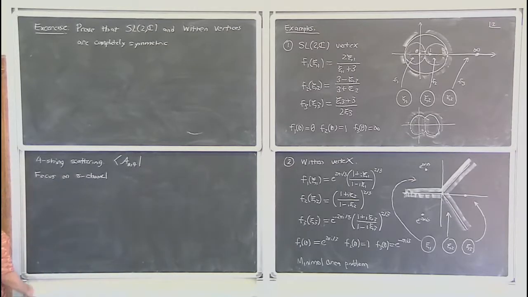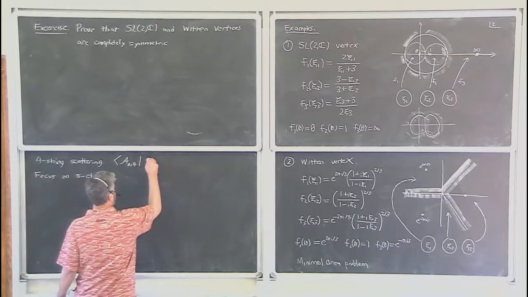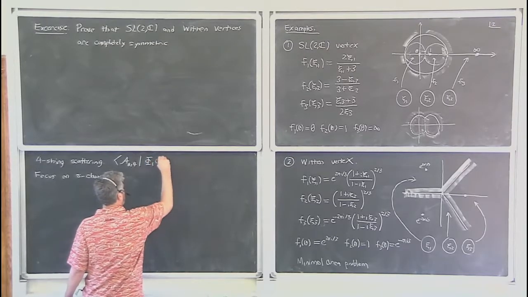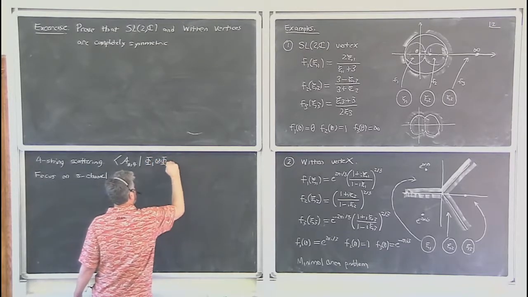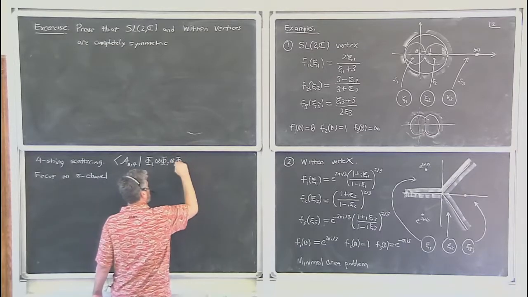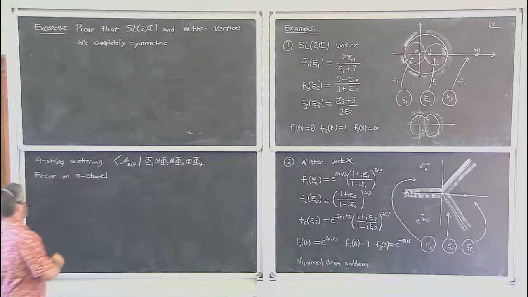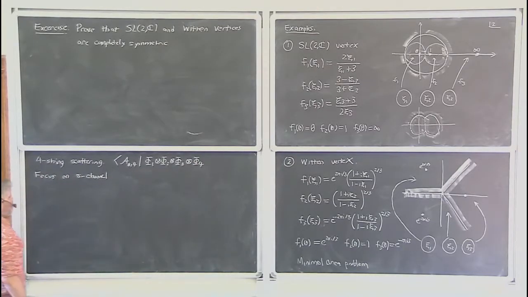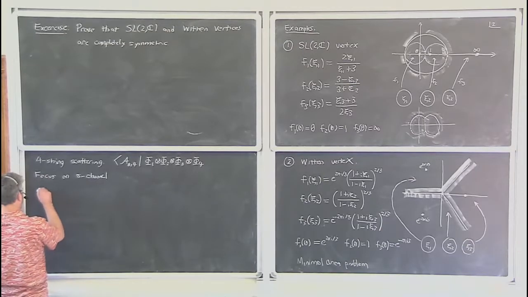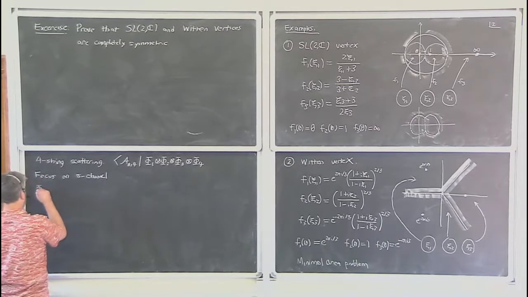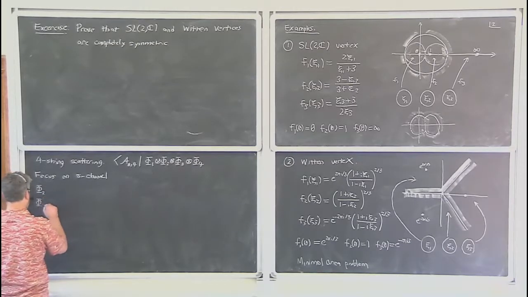So what this means is, if we're computing this with phi 1, phi 2, phi 3, and phi 4, in the S channel we have states phi 1 and phi 2, which are coupled to each other through a cubic vertex.